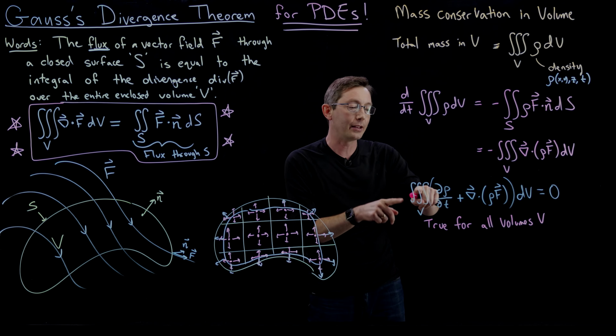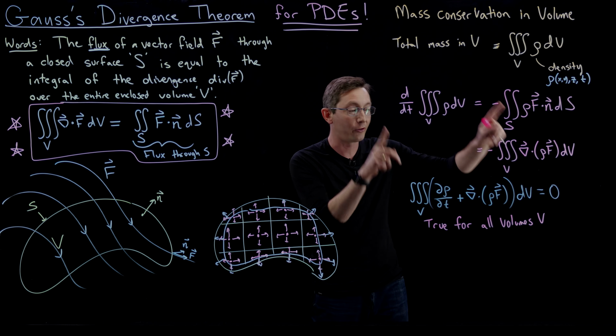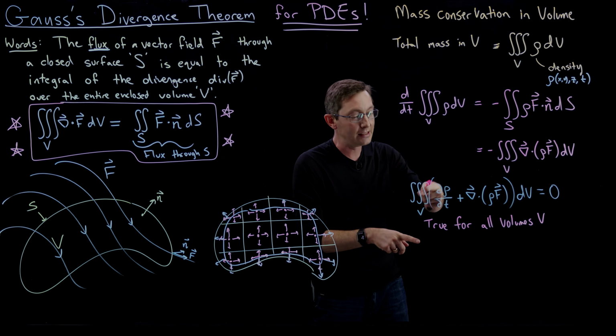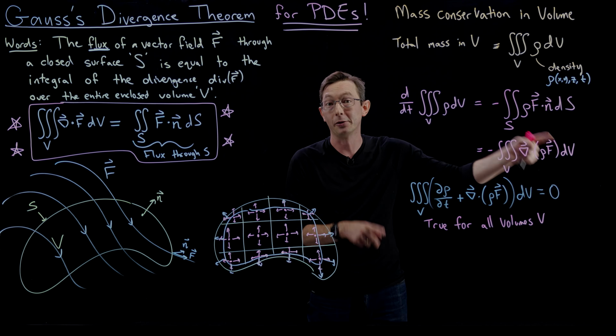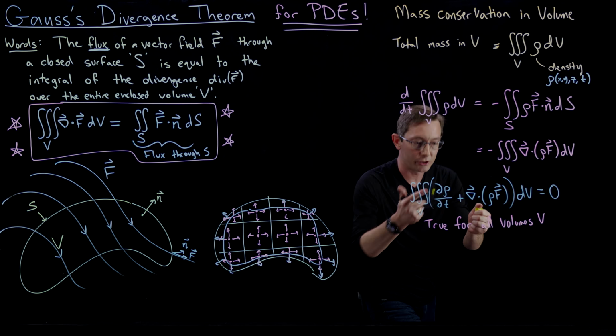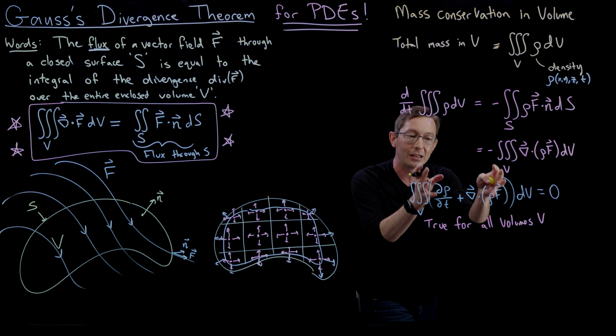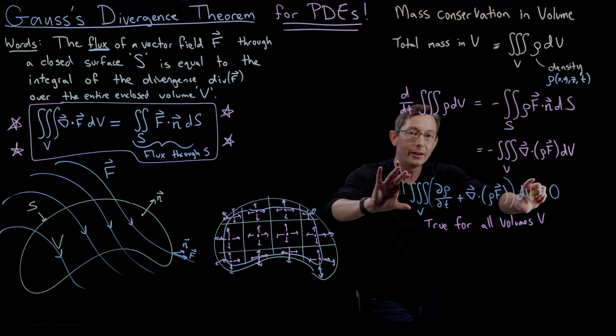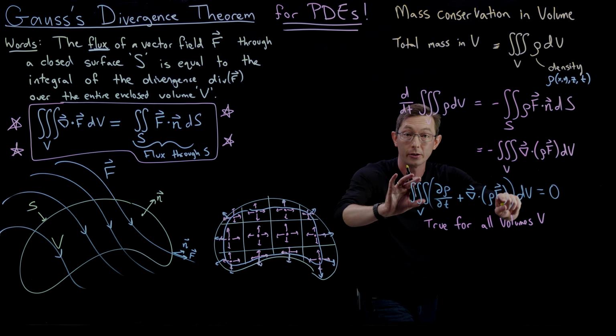And the only way that this integral can equal 0 for all volumes is if the thing inside of it equals 0 everywhere. And so this is how we derive our partial differential equation. This thing inside has to be equal to 0 for this volume integral to equal 0 on all volumes.